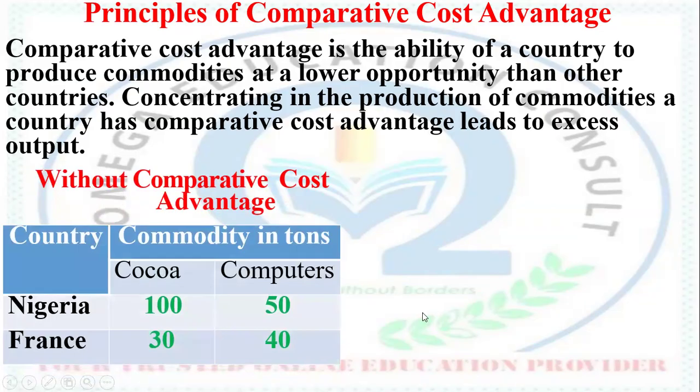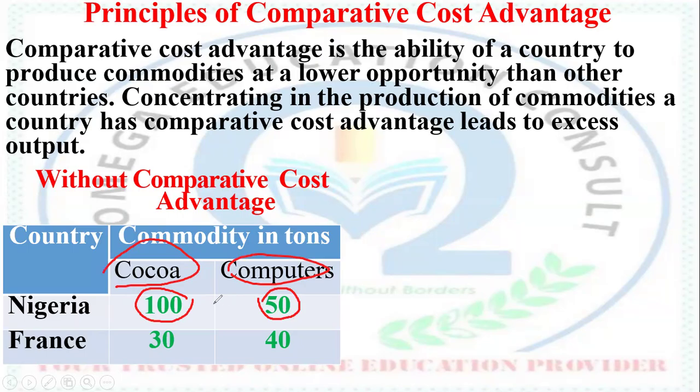So in this table, we have two countries, Nigeria and France. And the two commodities that both countries are producing are cocoa and computers. Now, the same resources that will give Nigeria 100 tons of cocoa, when converted to the production of computers, will give Nigeria 50 tons of computers.